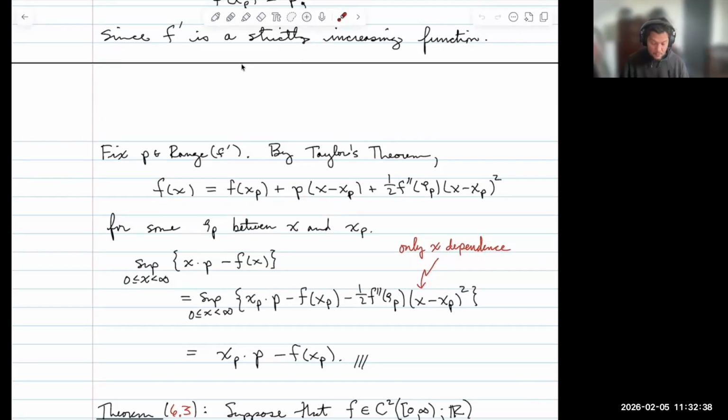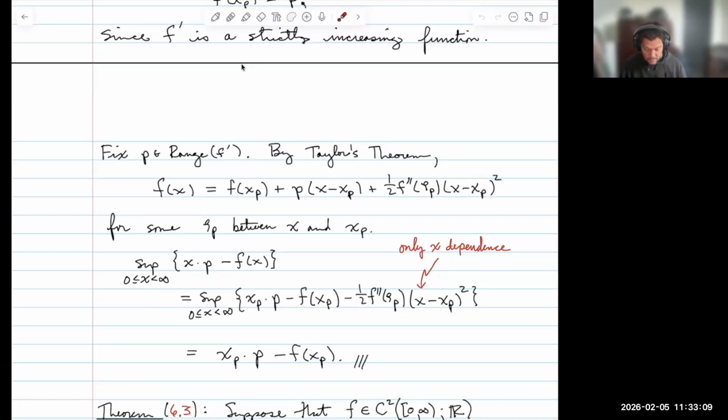So I can arrange that information on one side and I get some other information on the other side. There's p times xp minus f of xp. Let's just move that over here and take all the other things that are in this and throw that to the left-hand side.